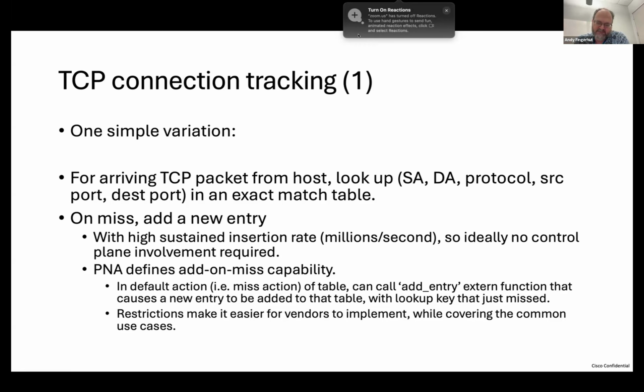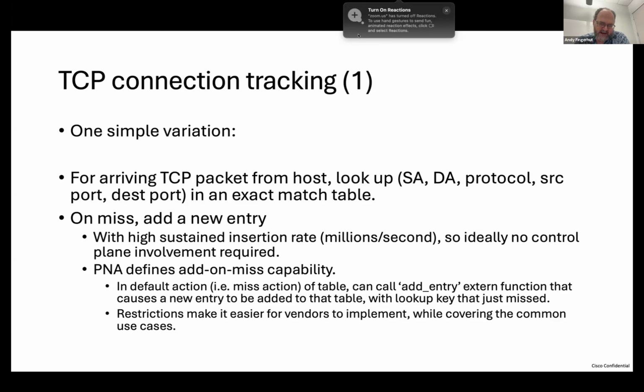So many switch ASICs have had so-called add-on-miss capability that you do in the data plane: you do a lookup, you get a miss, and you decide, I'm immediately going to add a new entry that will match future packets with that key and give it an action to do on those future packets. This has actually been done on layer 2 learning bridges, layer 2 MAC learning. Many chips in the past have implemented add-on-miss capability in the fast path in hardware for decades.